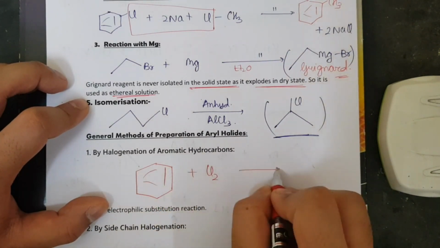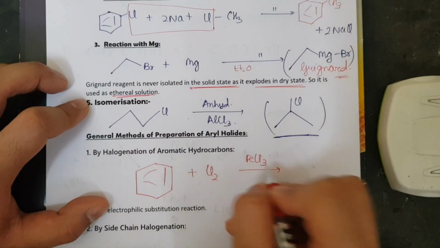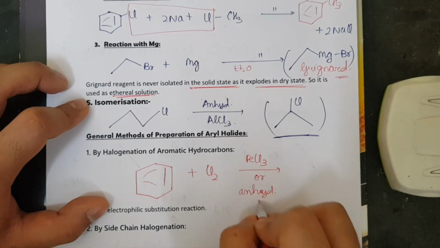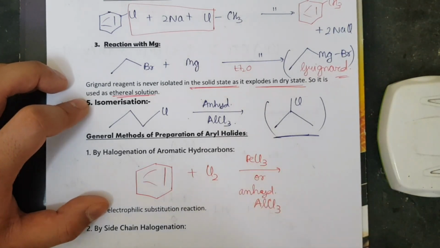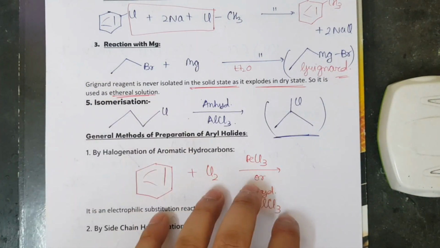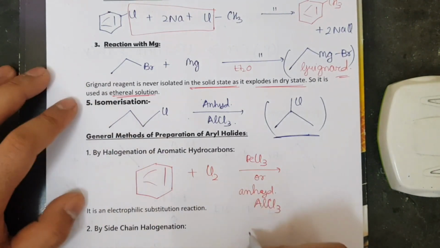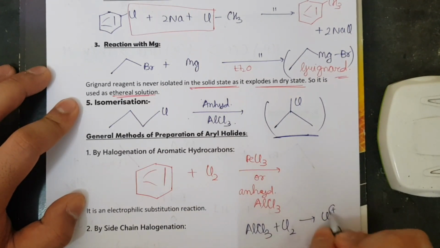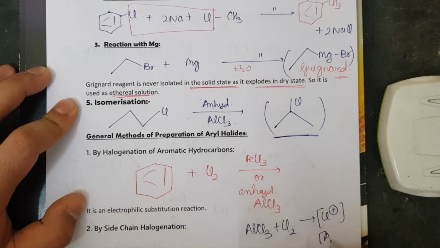We take Cl2. We take a Lewis acid like FeCl3 or anhydrous AlCl3. Take anything which is basically a Lewis acid. So let me say AlCl3 is taken. AlCl3 plus Cl2 would give the formation of Cl plus and AlCl4 minus.